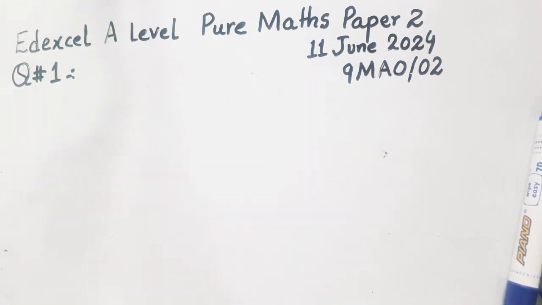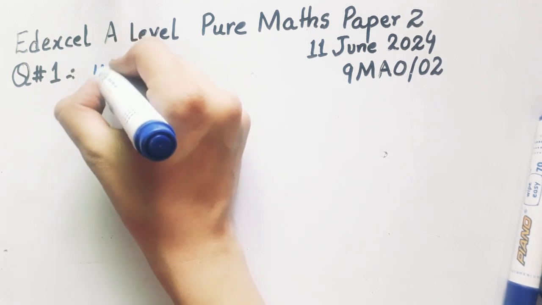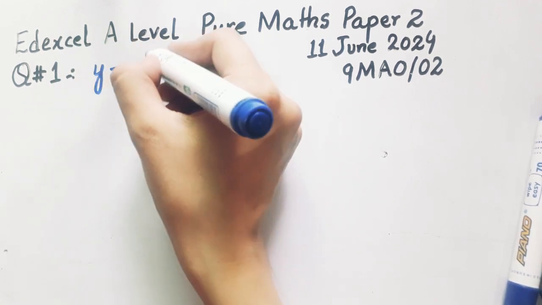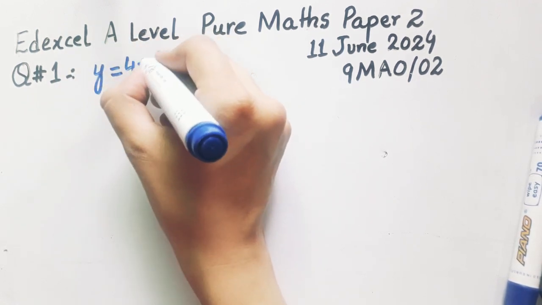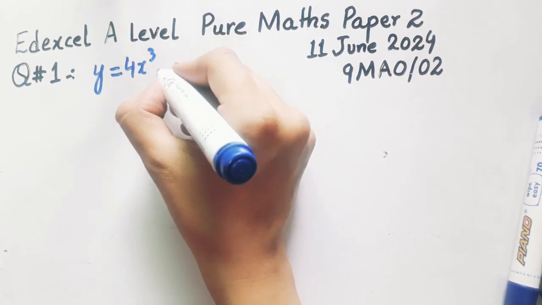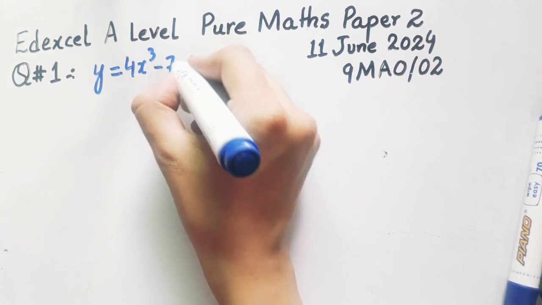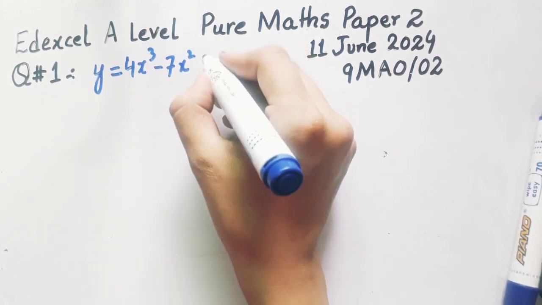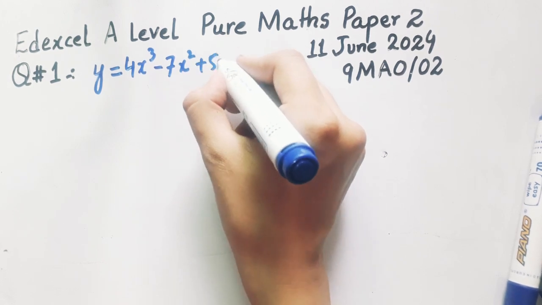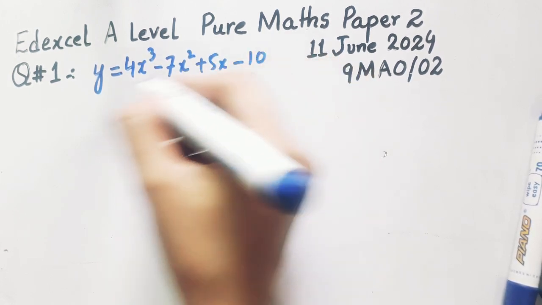Now, question number 1 is y is equal to 4x cube minus 7x square plus 5x minus 10.